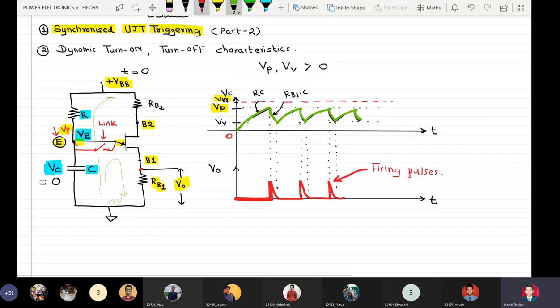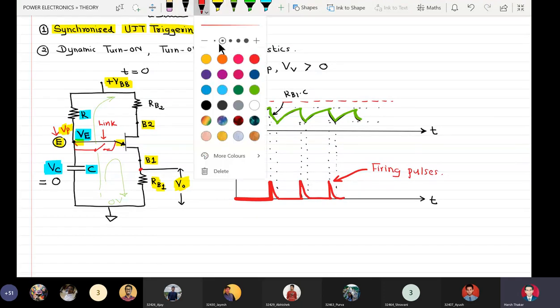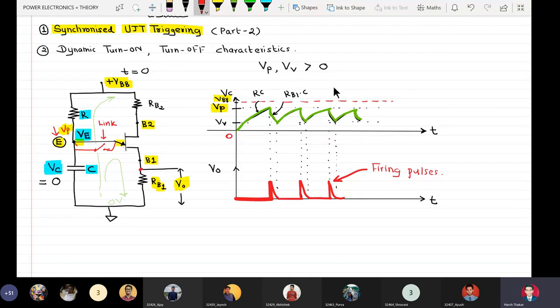Note one important thing: the rate at which the capacitor charges is tau 1 equal to R into C, and the rate at which it discharges is tau 2 equal to RB1 into C. We already wrote that, but I am repeating it again.